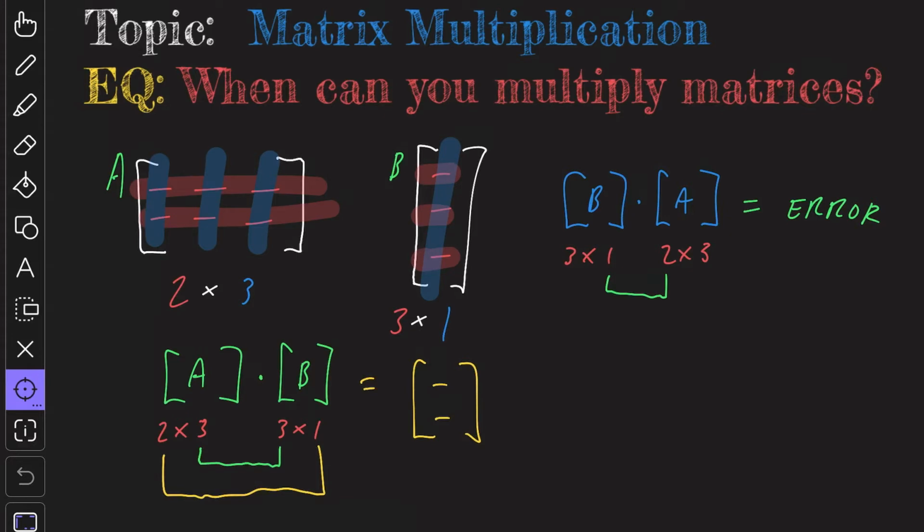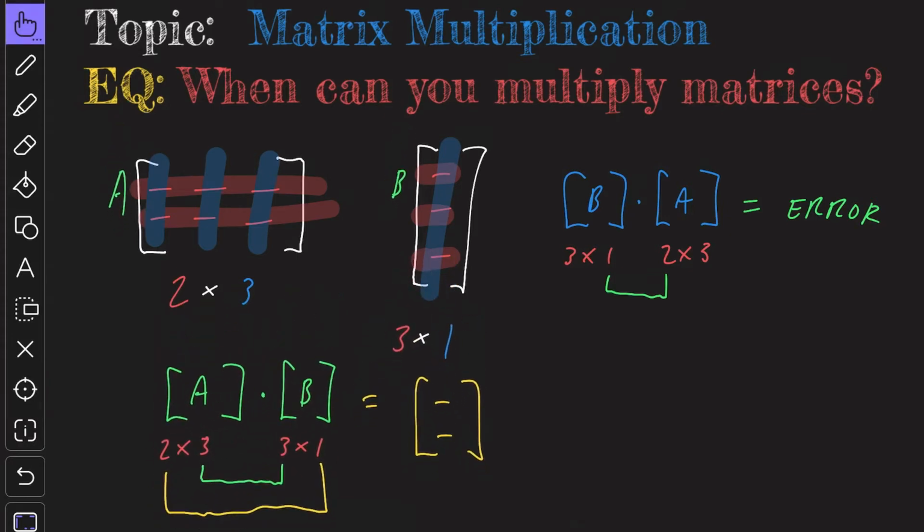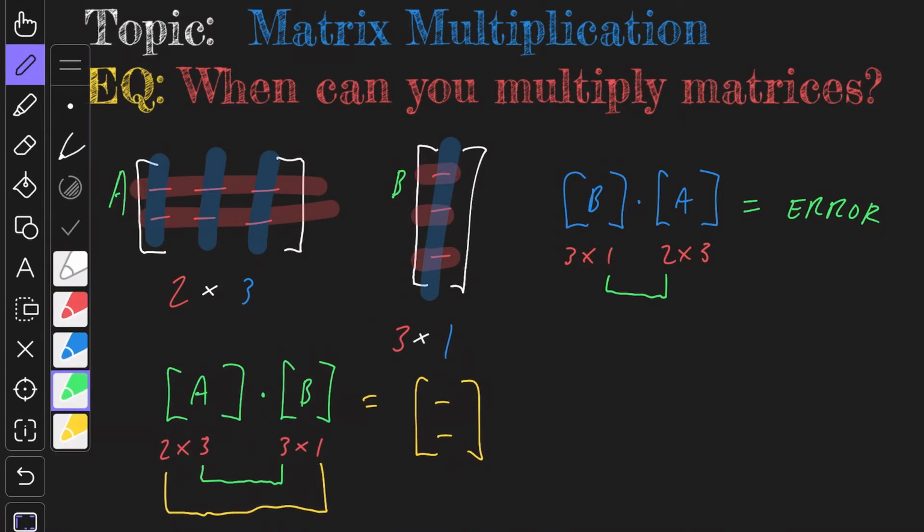The other thing about matrix multiplication is that even if both orders are doable, say if A times B was doable and B times A was also doable, they don't generally equal each other.